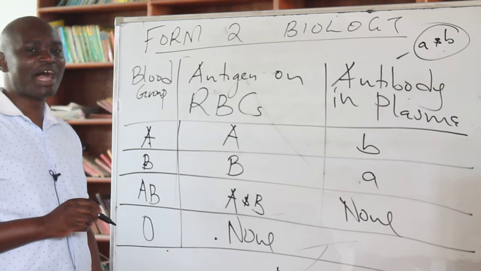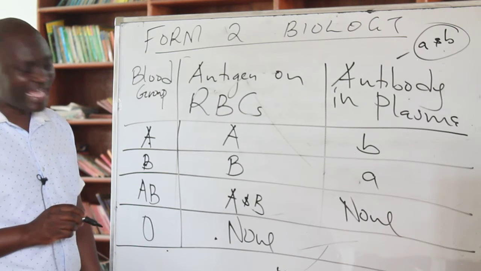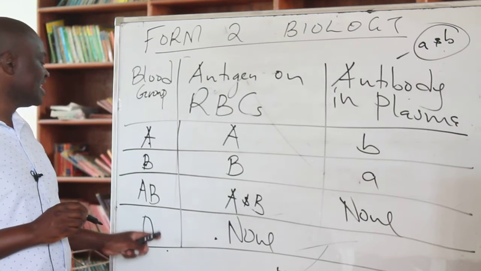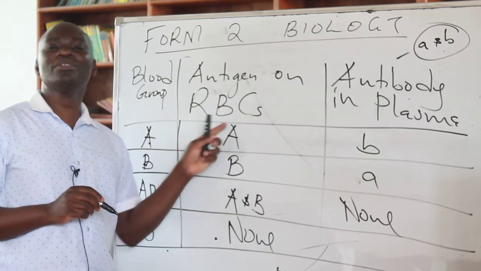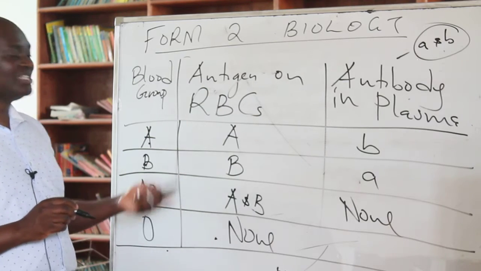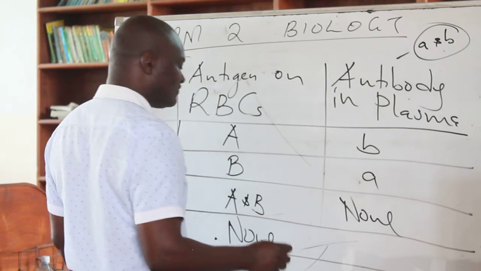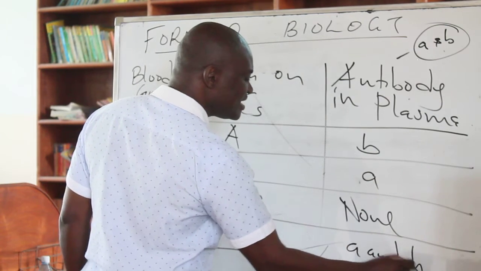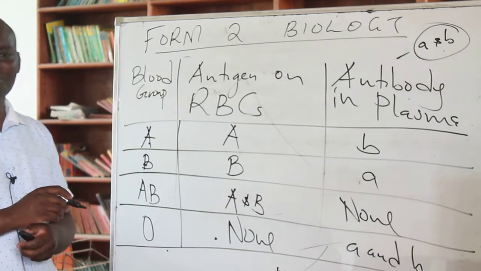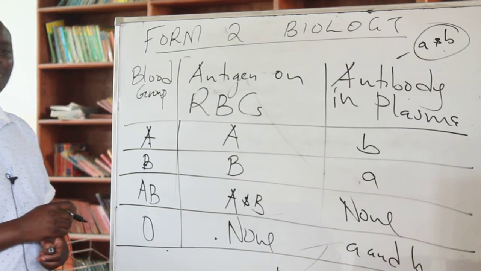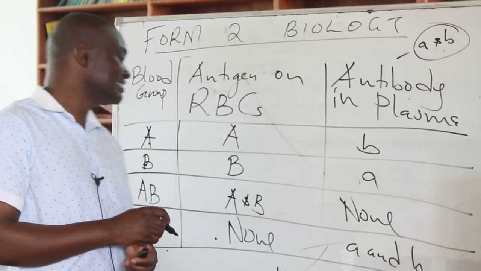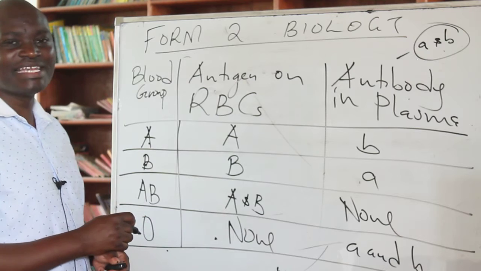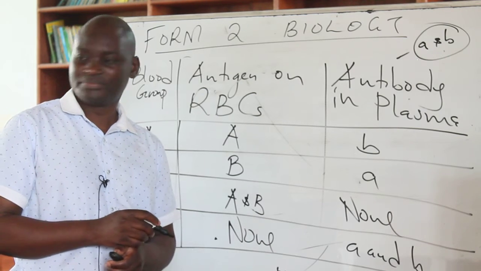Then we have the fourth case, for those individuals with no antigen on their red blood cells. These individuals will have both antibody A and B in their plasma. Such is the case of blood groups dealing with antigens and antibodies present.